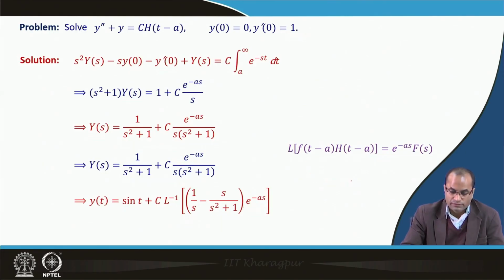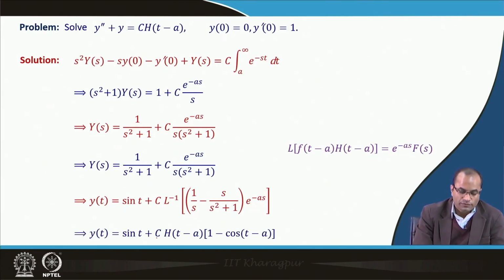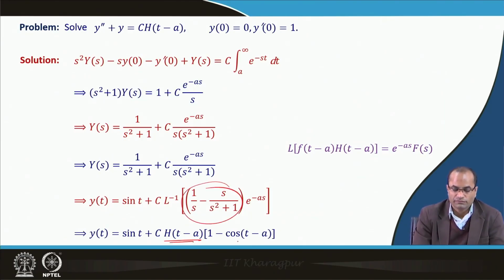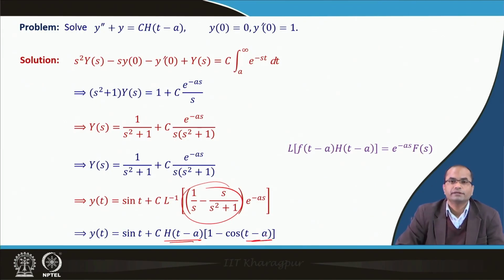That is all. So, this we can handle easily now. So, we have the Heaviside function h(t minus a), and this is the 1 minus cos t inverse of this, but because of this shifting theorem there will be a shift here also. So, we have constant times the Heaviside function h(t minus a) and 1 minus cos(t minus a).